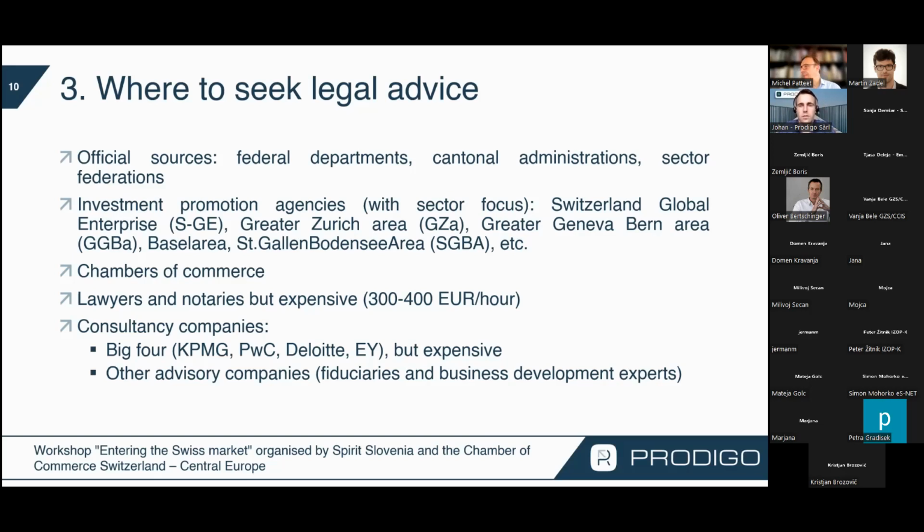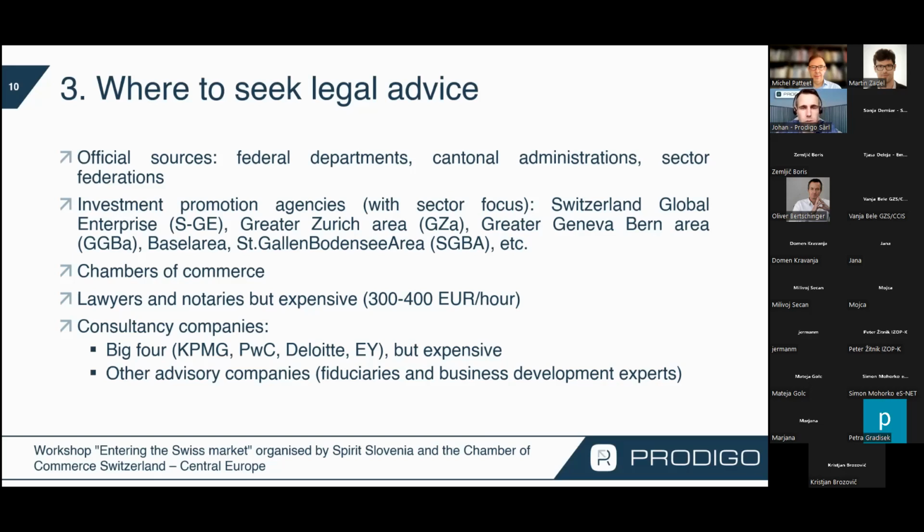Finally, consultancy companies can offer an adapted support. The big 4 companies are present almost everywhere, and they are able to cover all the requests and act as a one-stop shop for your demands. But on the other hand, their services are often quite expensive as well, and it is not always adapted for SMEs.